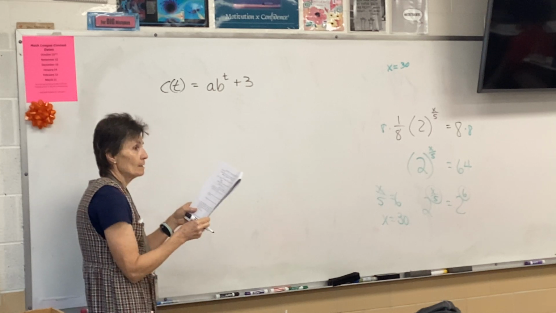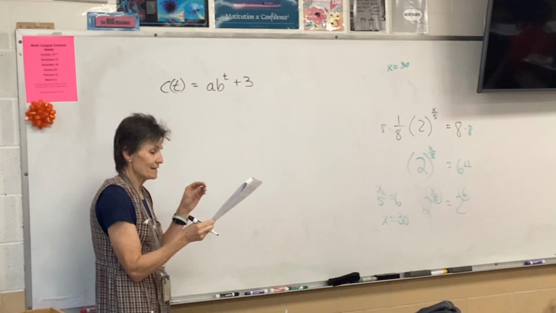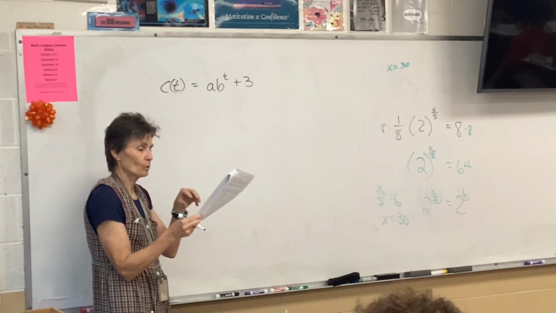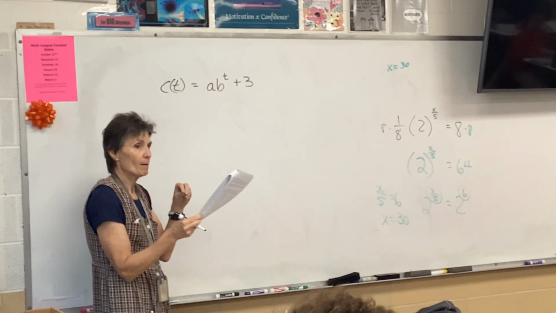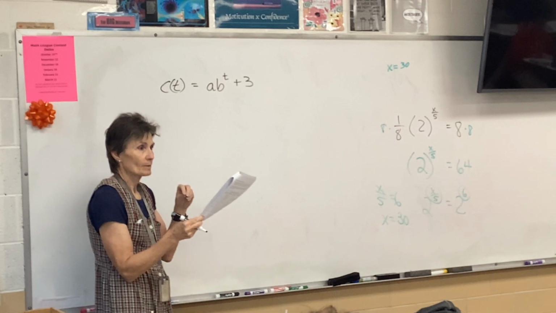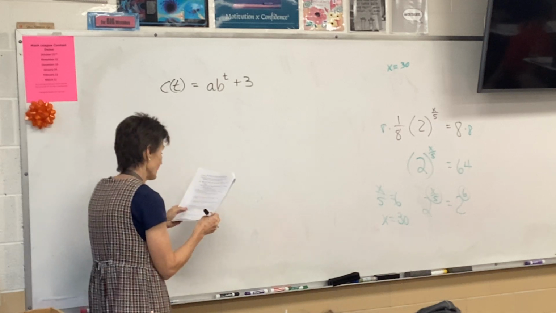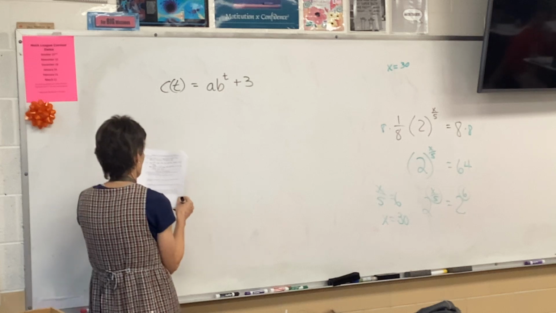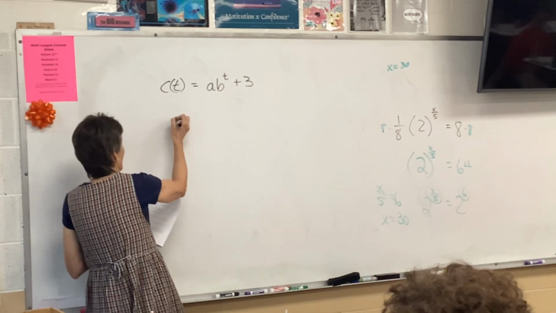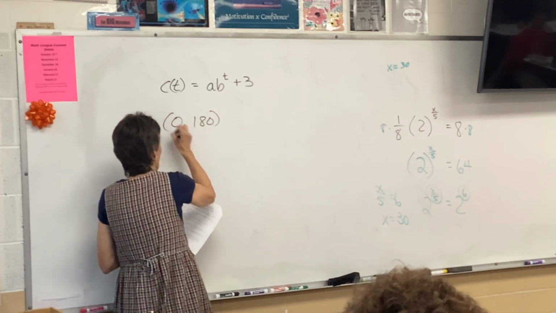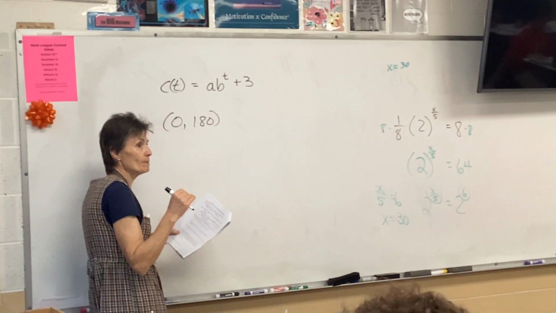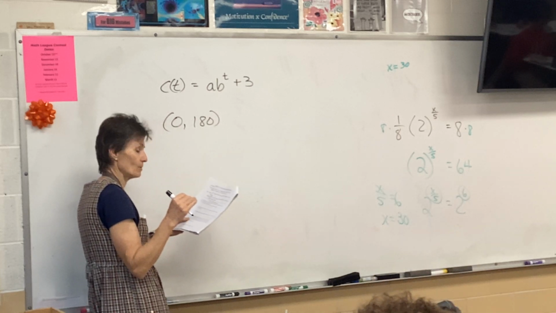Now, did you notice that in the problem, with all those words, we have a couple of ordered pairs? What are the ordered pairs we have in there? 0, 180. After 0 time, the temperature of the cake is 180 degrees.